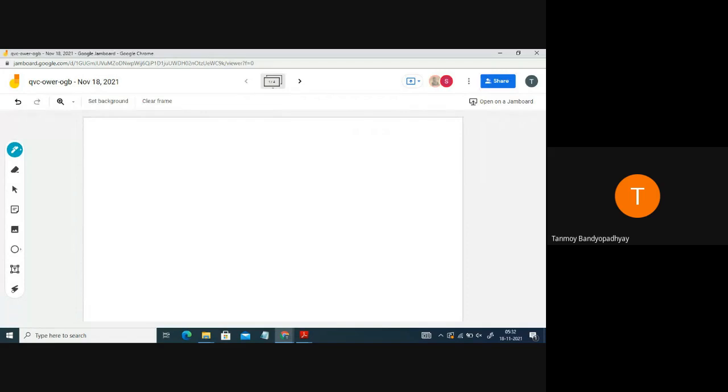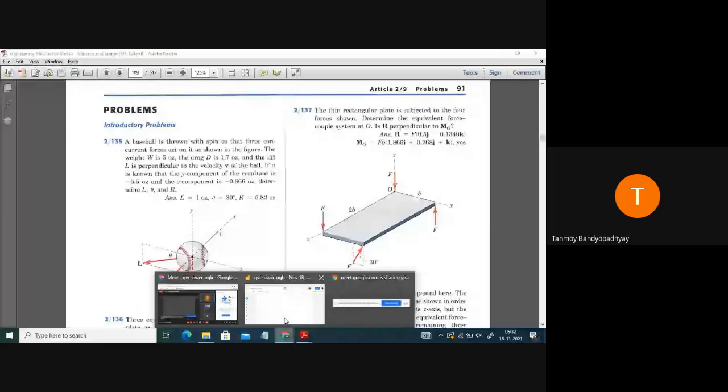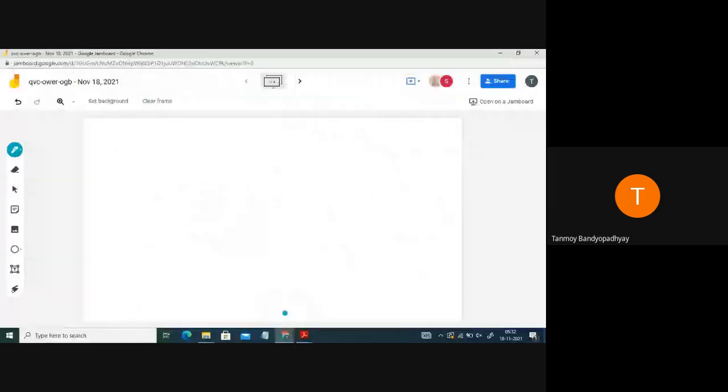Help me draw this problem. There is a rectangular plate, and x, y is on this side. So this is x, I think. Let me draw it somewhere here.